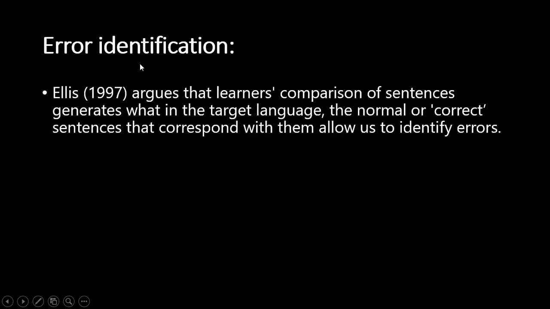Second procedure, error identification. Ellis argues that comparing the learners' sentences with the normal or correct sentences in the target language that correspond with them allows us to identify errors. Meaning to say, this process involves a comparison between what the learner has generated and what, in the same context, a native speaker counterpart would produce.